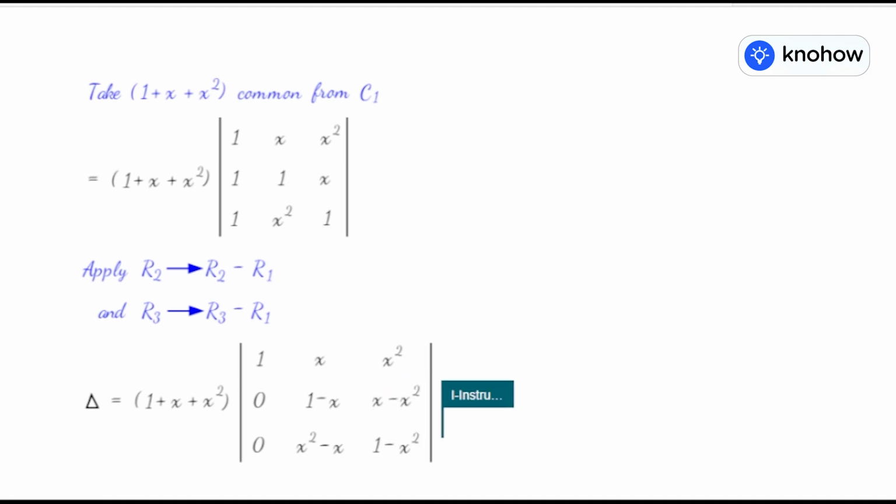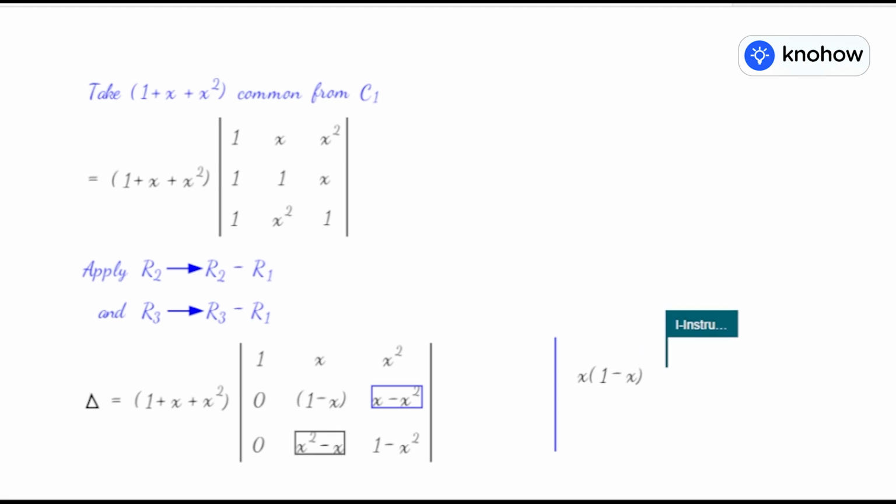Now, clearly, I can take 1 minus x common from row 2. If you take x common from x minus x squared, it will give you 1 minus x. Similarly, in the other term, when you take x common you get x minus 1, so better take minus x common and get 1 minus x.